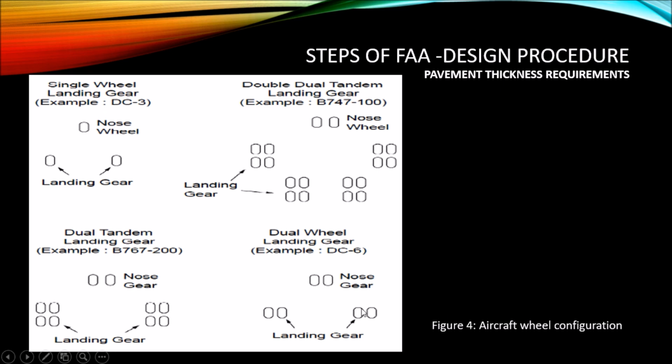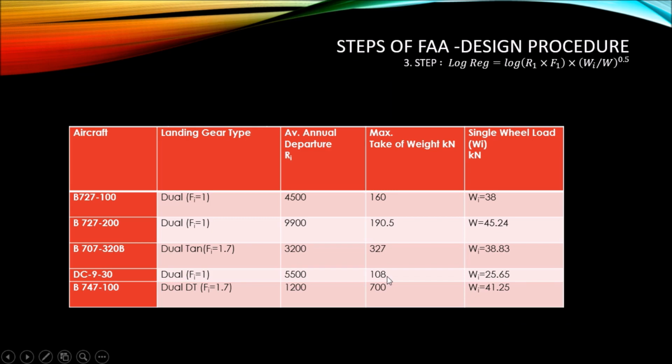So we have 4. What we will do now is obtain this value 38. We look at the gross weight, which is 160,000, and multiply it by 95%, because FAA specifies that 95% of the weight will go to the main gears, while 5% goes to the nose gears. So 0.95, which is 95%, multiplied by 160 divided by 4. Once we do that, we get 38.